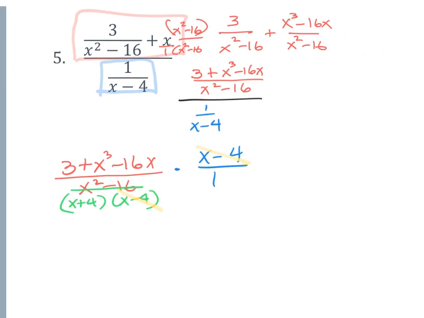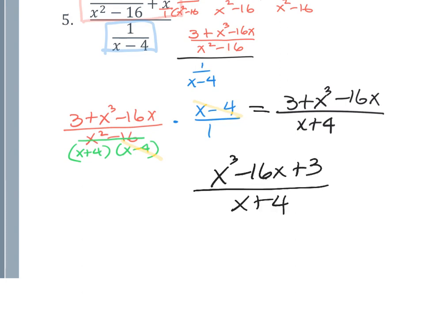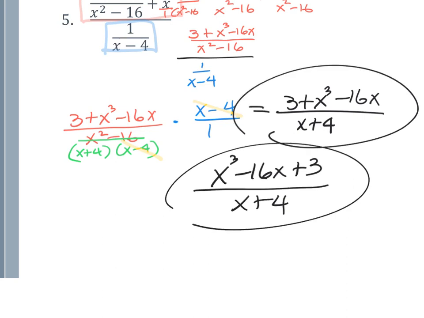And I end up with 3 plus x cubed minus 16x over x plus 4. Now, if you'd rather rewrite your numerator in standard form, you could put x cubed minus 16x plus 3 over x plus 4. Either one would be fine.